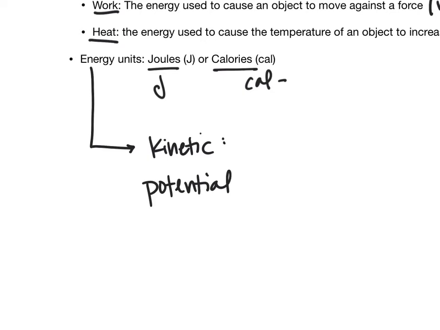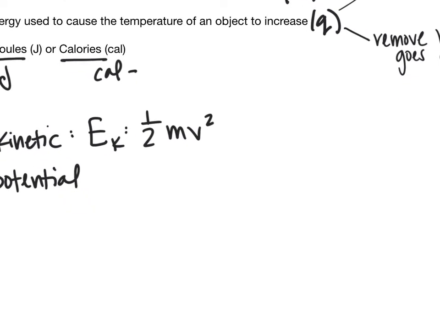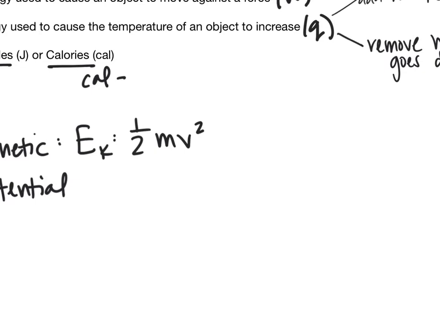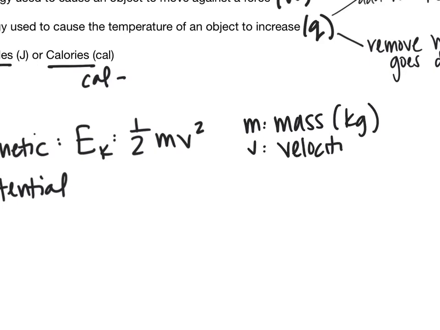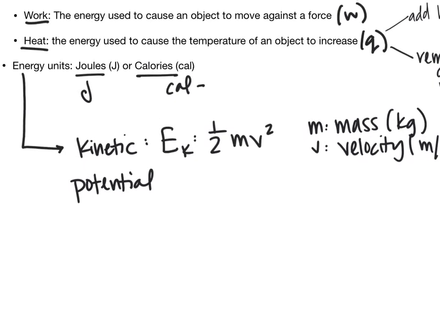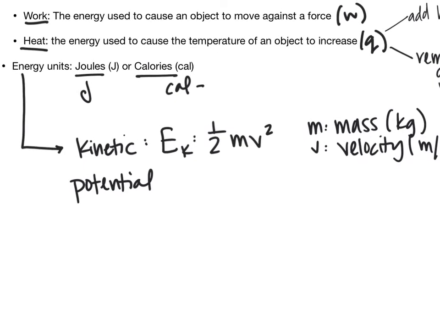So kinetic energy is E sub K, and that is 1/2 mv squared, where m is the mass in kilograms, and v is the velocity in meters per second. And so that is squared. And so kinetic energy, we often think about this when we think about a ball at the top of the hill. And so this is the energy of motion.